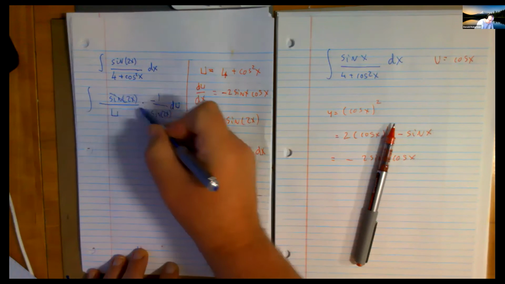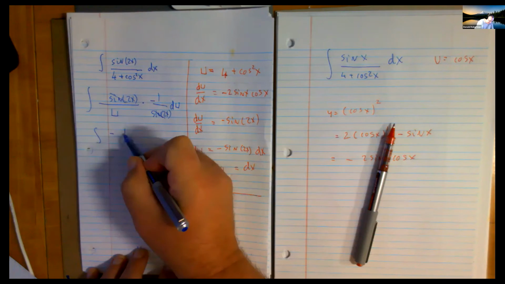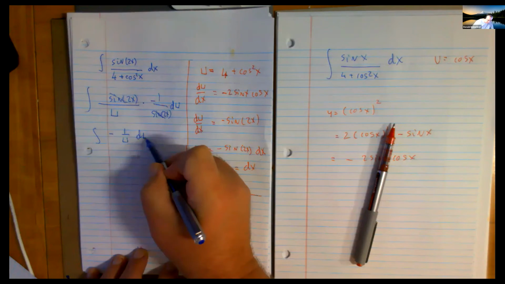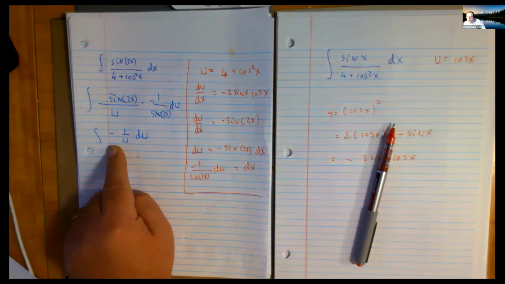They cancel, and the answer is that it's now that guy. And would you agree that this guy is pretty easy to integrate? He's a standard integral and he's a log.